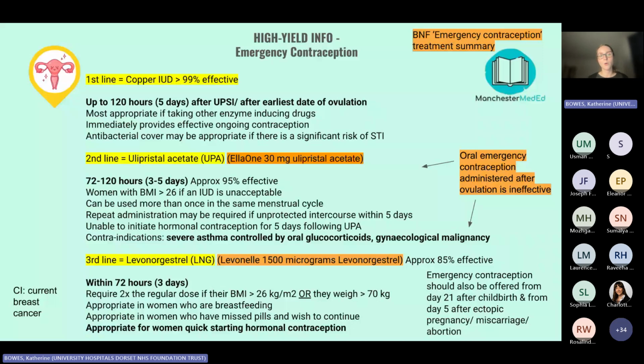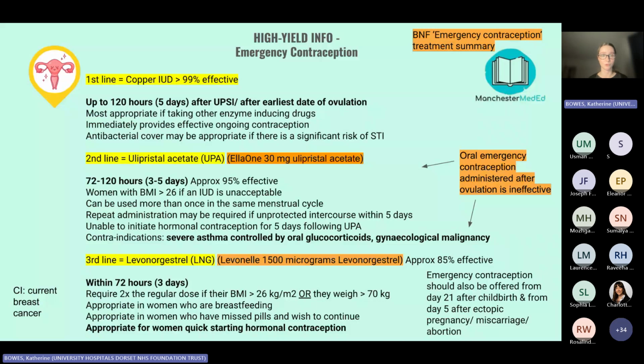That one can be used up to 5 days, again, after unprotected sexual intercourse. And it can be used more than once within the same menstrual cycle, which is quite important to know. However, you can't initiate hormonal contraception after this, like your regular combined pill, for 5 days. So if you do have ELA1, you can't start hormonal contraception for 5 days.